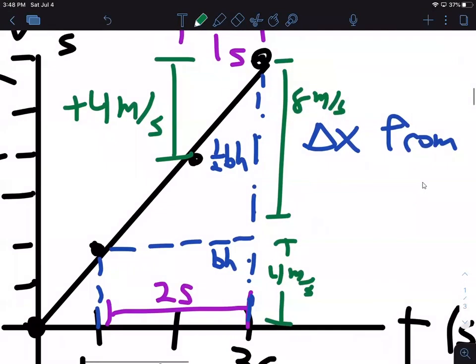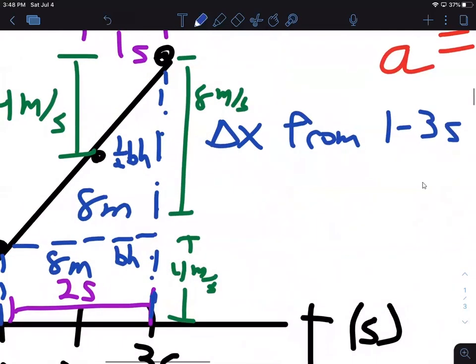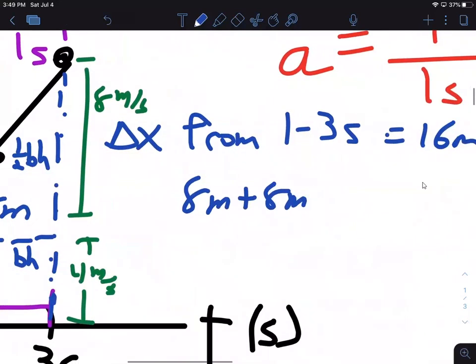Now we can just do base times height. 4 times 2 is 8 meters. And then 8 times 2 is 16, then 1/2 base times height, 8. And this is just a coincidence that these both ended up being 8. So my displacement here is going to be those two added together, 8 meters plus 8 meters.